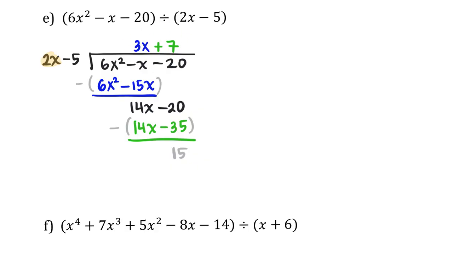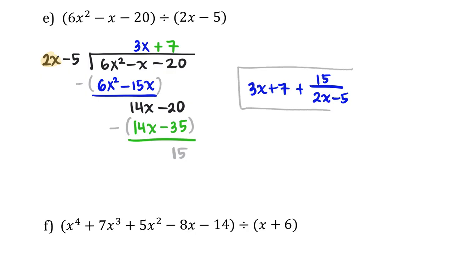So my answer is 3x plus 7. My remainder is positive 15. I divided by 2x minus 5. And it's okay that this is my answer. The higher the exponent here, the more likely you are to have a higher exponent on your answer.